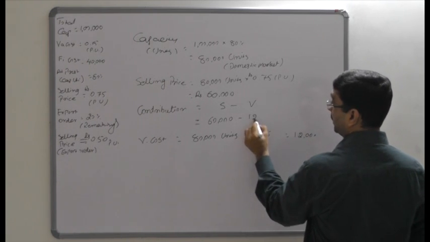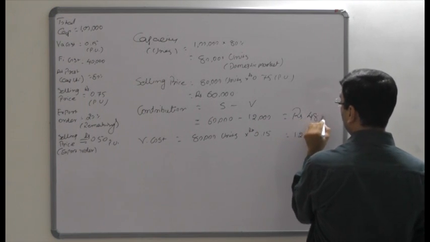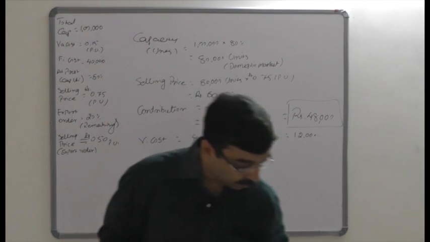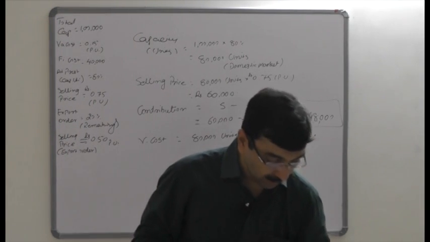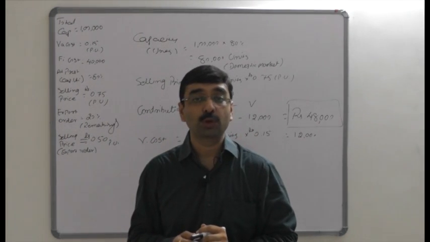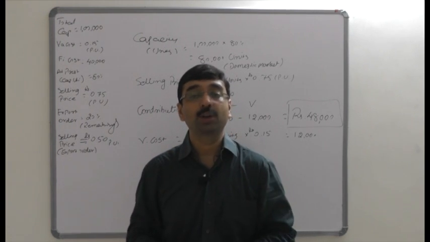So rupees 48,000 is the contribution. Is that clear? It means the company has 48,000 rupees of contribution after selling 80,000 units in the domestic market.